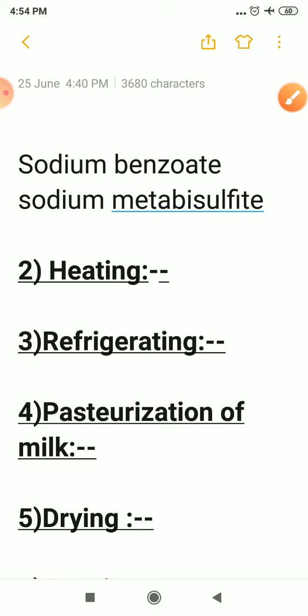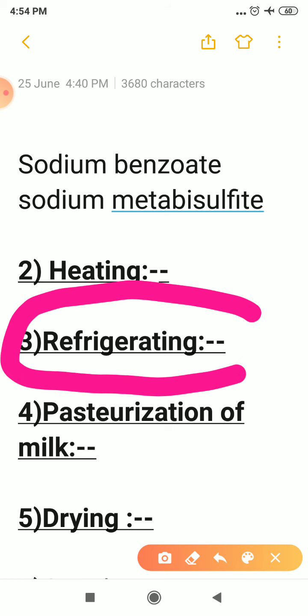The third method is refrigerating. Everybody has a refrigerator in their house. By keeping the temperature low, it also stops the growth of microorganisms in our food.